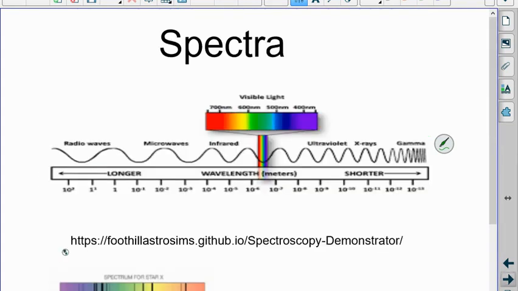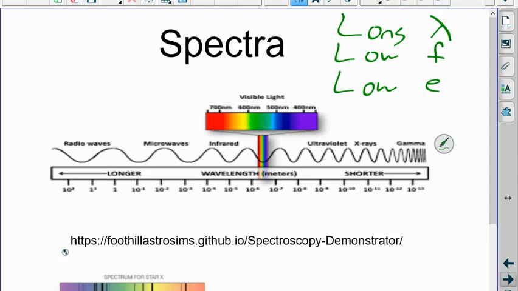Then we got to spectra, and I would say make sure you remember the 3 L's: if you have a long wave, you have a low frequency and low energy.